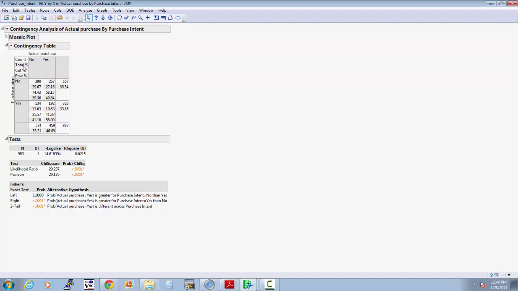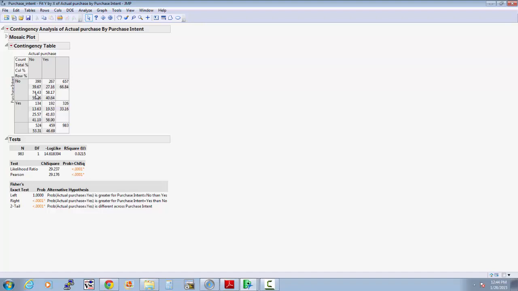The second number is the percentage of the total. So for example, the 39.67 is obtained by doing 390 over 983. So that's a cell-wise percentage. The column percentages are obtained by focusing within a column, and rather than dividing through by 983, dividing through by the total within that column.